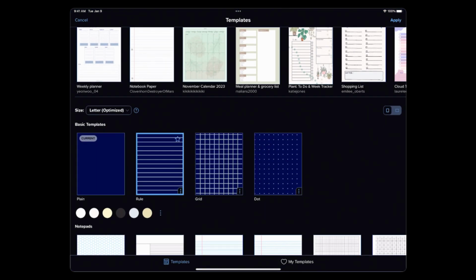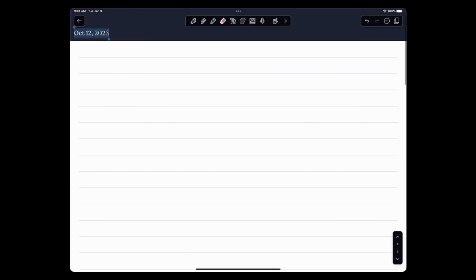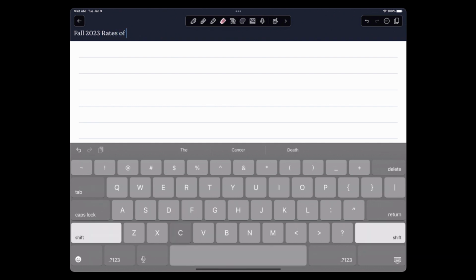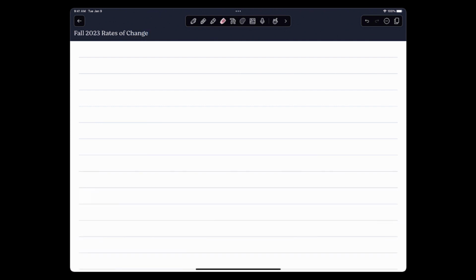Let's call this rates of change. Okay, rates of change, ladies and gentlemen.